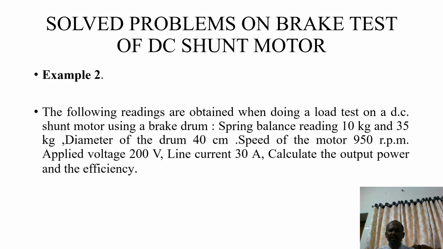Speed of the motor 950 rpm. Applied voltage 200 volt. Line current 30 ampere. Then calculate the output power and the efficiency.